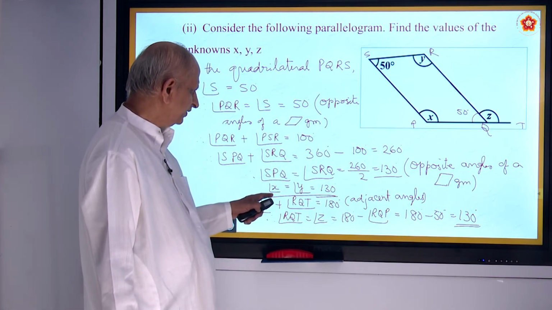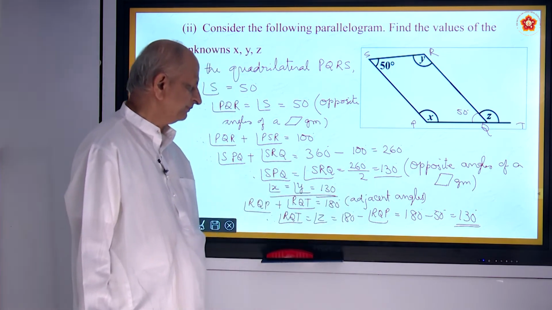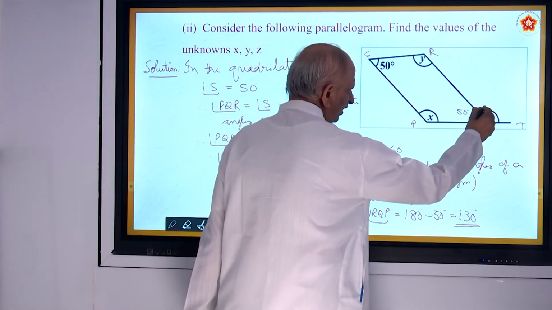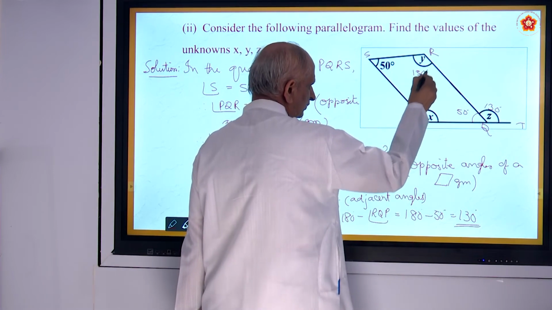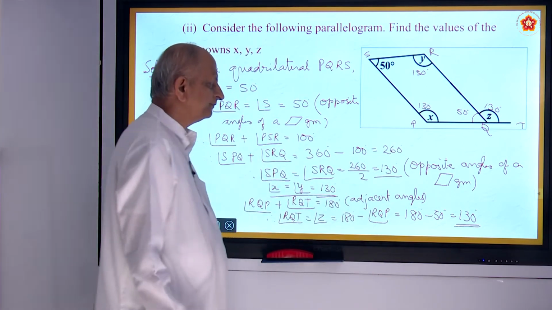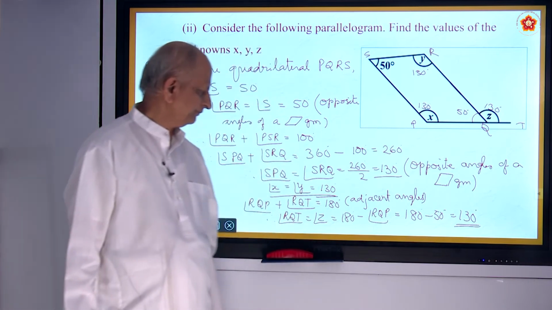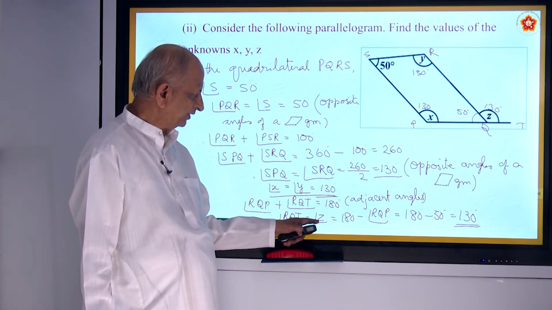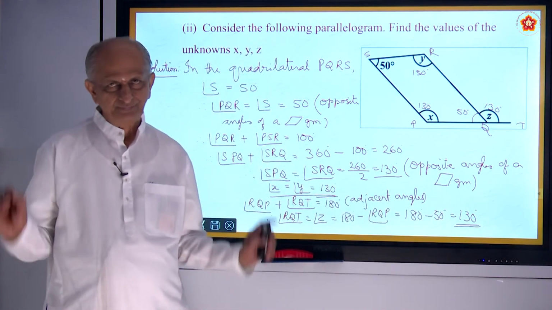So, x is 130, y is 130 and z also is 130. Z is called the exterior angle, and the sum of the interior and exterior is 180. Now, suppose you add all this, how much must you get? 360. Add these two, you must get 180. So, RQT, that is the exterior angle, is equal to angle Z is equal to 130 degrees.